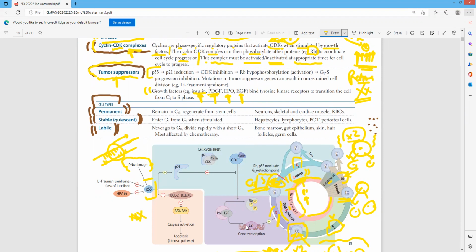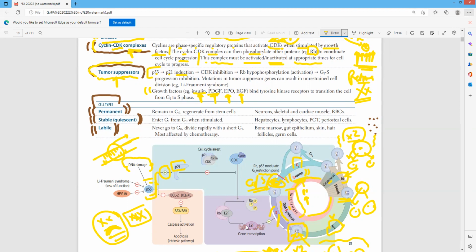Kill that cell? No, it's apoptosis, the suicide of that cell, because it has damaged DNA. So when you have damaged DNA, it will induce P53. And P53 will induce a protein called P21.